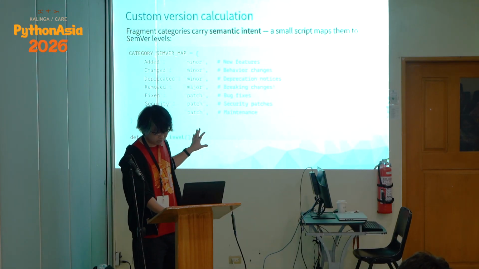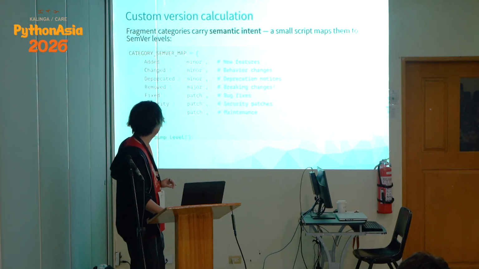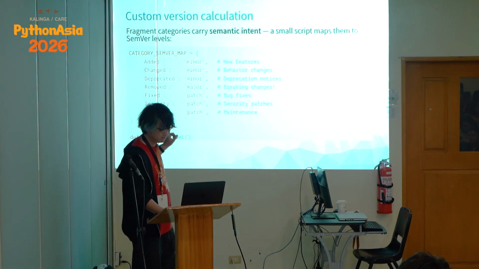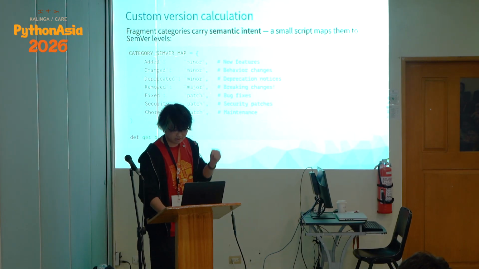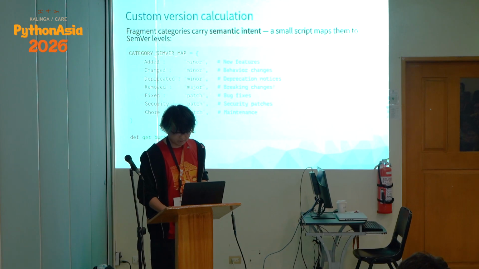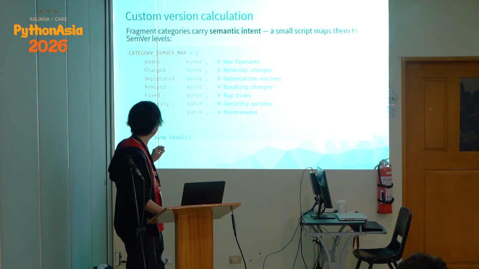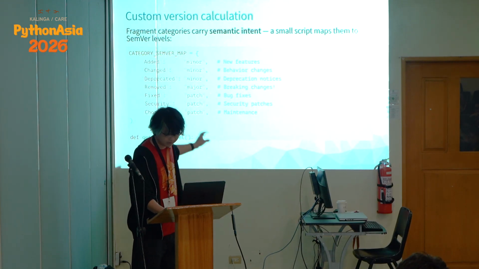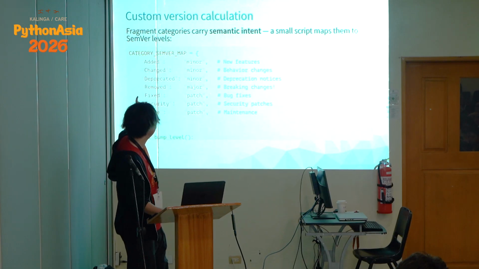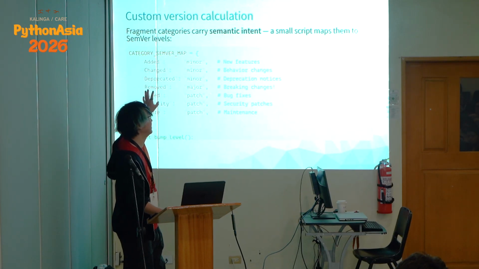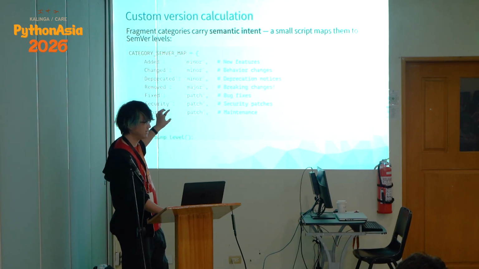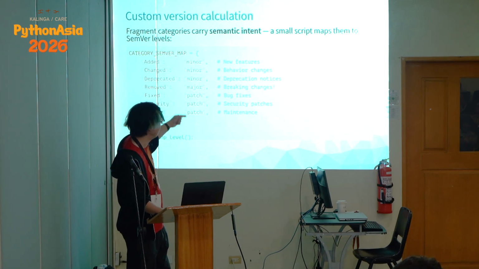So here's the first one, the version calculation script. You don't have to take a closer look into this detail, but I would like to explain it briefly. It's pretty simple. It uses Scribe's API to get, first, the mapping of change type to bump level.